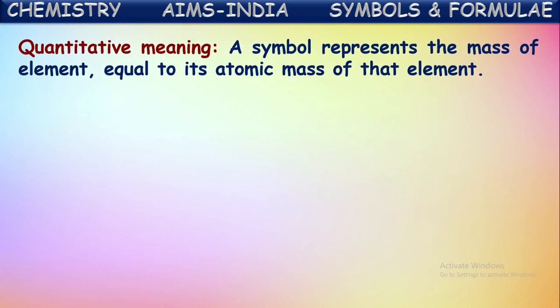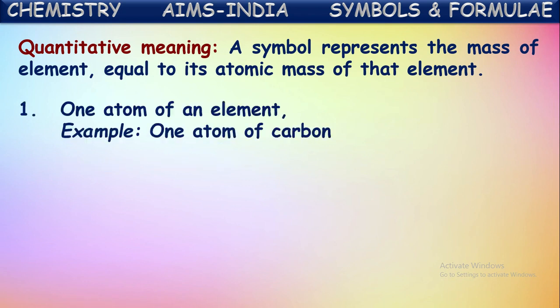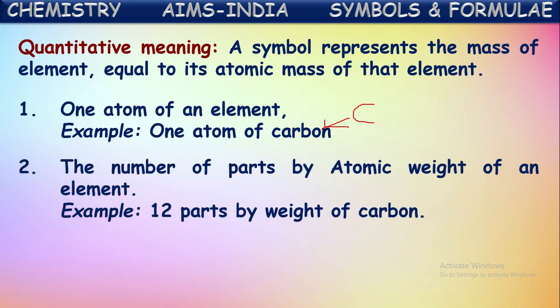The other significance is quantitative meaning. A symbol represents the mass of an element, which is equal to the atomic mass of that element. For example, if I write just C, this represents one atom of carbon. The symbol also represents the number of parts by atomic weight of an element.